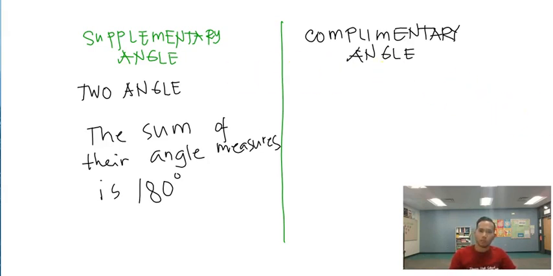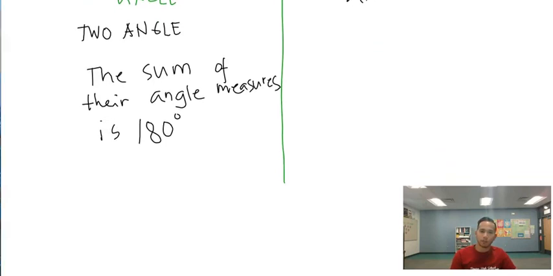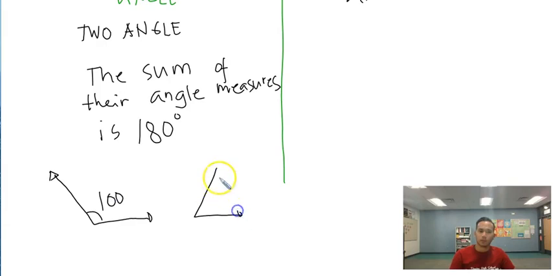For example, if I have here an angle whose measure is 100 degrees, and another angle whose measure is 80 degrees, therefore these two angles are supplementary angles.